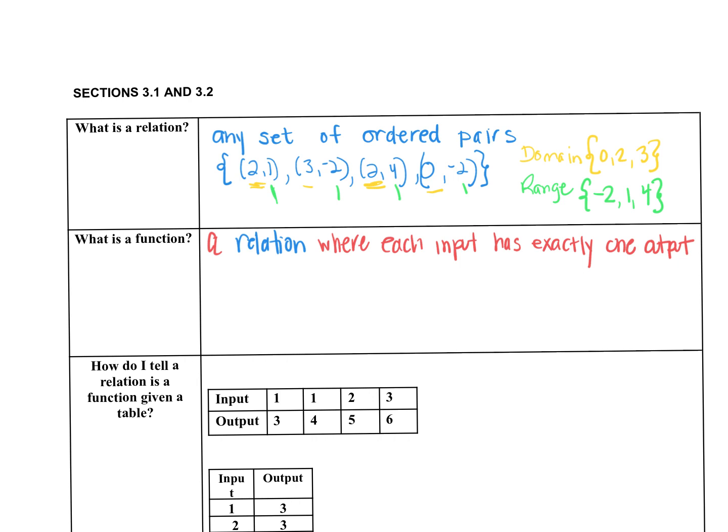Today we're going to take the idea of a relation and move it up a little bit, and we're going to talk about a function, okay? A function is a relation, so it is a set of ordered pairs, but it tells us that each input has exactly one output.